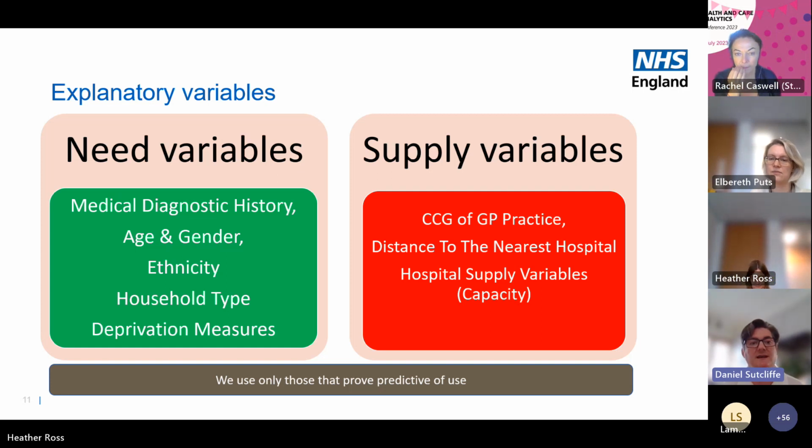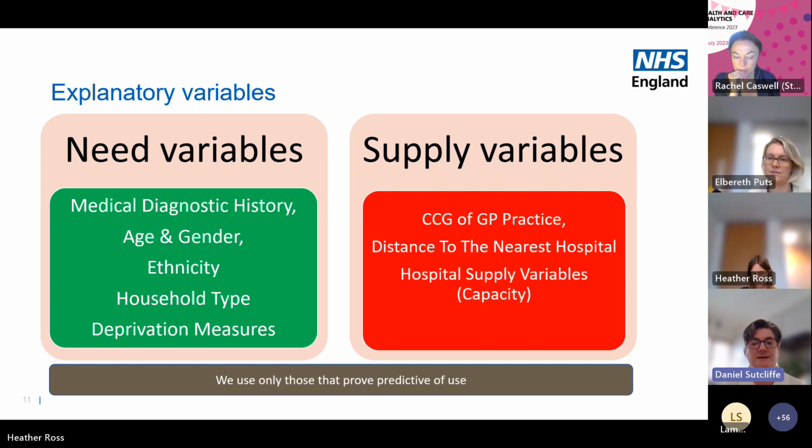So we're able to say, is this a multi-adult household? Is this an adult, one child household? So we can develop a household type variable. And then we have a number of attributable variables, such as variables based on your GP practice, deprivation measures, etc., QOF, for example. And then on the other side, we have supply variables.